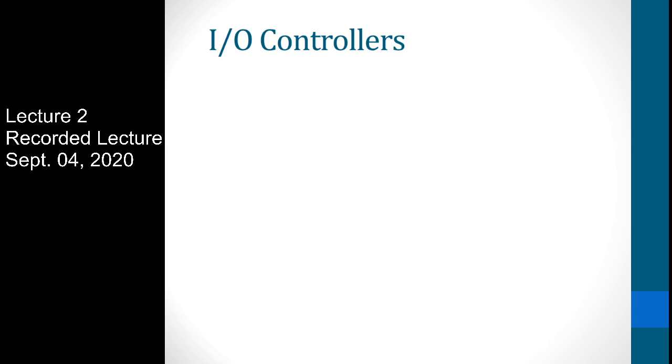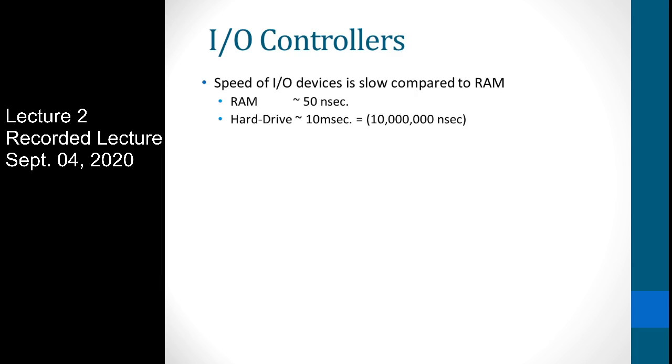Okay, I/O controllers. Speed: I/O device is slow compared to RAM. So, yan yung sinasabi sa inyo kanina. 'Di ba? So, look at this. RAM, 50 nanosecond. Hard drive, 10 milliseconds. Yan, napakalaki ng agwat nung speed. Yan sinasabi sa inyo, cheetah pagong.